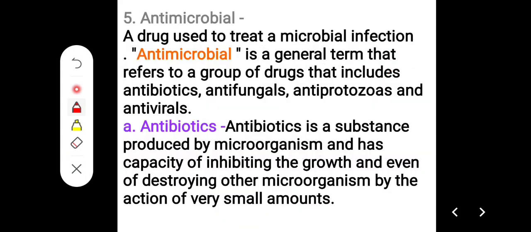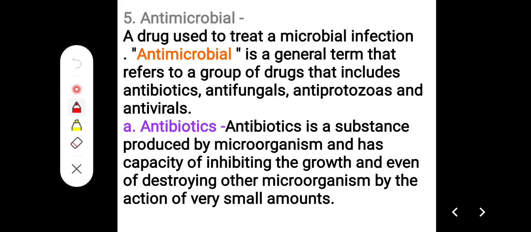Next one, antimicrobial, a drug used to treat a microbial infection. If any microbial infection is there, in this case we can use a drug termed as antimicrobial. Antimicrobial is a general term because it is used generally, and it refers to a group of drugs that includes basically antibiotics, antifungals, antipathogens, and antivirals.